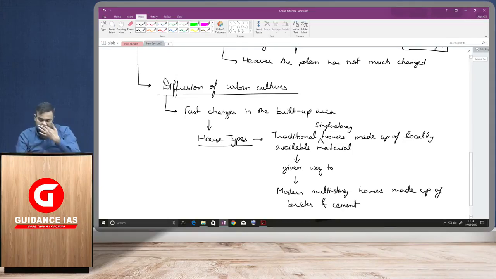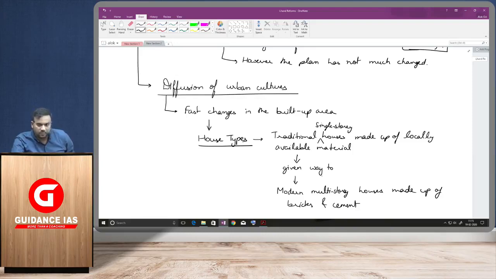Okay, so much of this change is actually individualistic change. As people get money, they improve their houses. And very commonly, people have encroached even on more public land in building their new houses. So what has happened actually, the roads have become even more narrow than they used to be in the past.